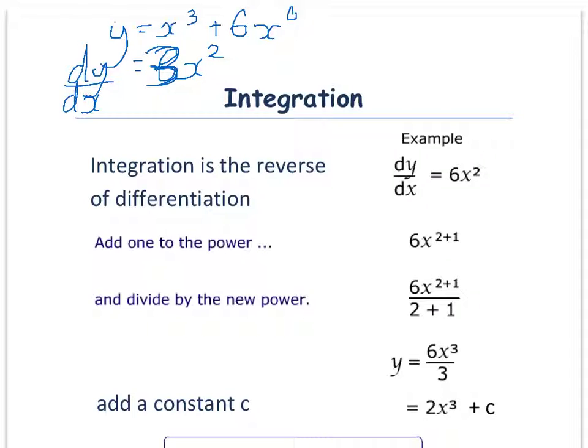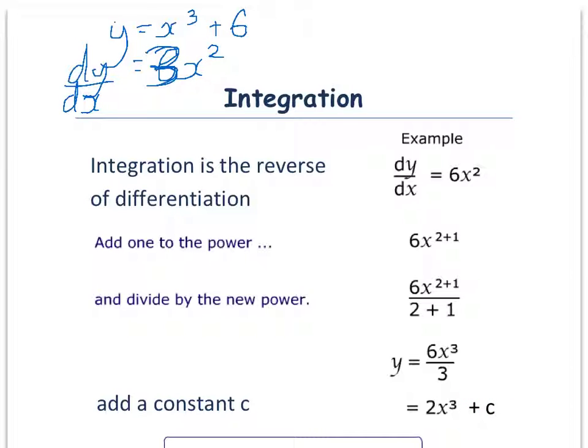So that part vanishes. So we need to add on that constant because we don't know whether it's going to be plus 6, plus 7, plus 8, minus 23. We don't know. So we add on a constant value c.